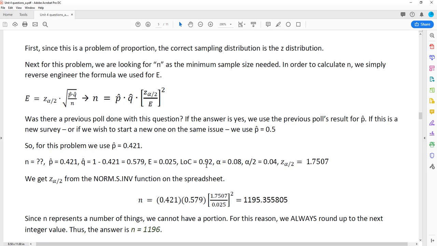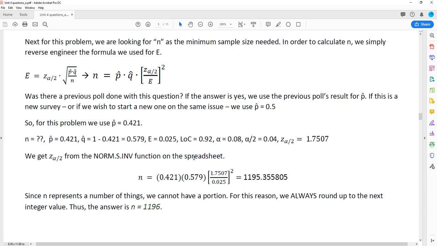My level of confidence, that's given in the problem. But remember, if it's not, and if a level of significance is not given either, then we make the assumption that the level of confidence is 0.95 or 95%, and that my level of significance is 0.05.